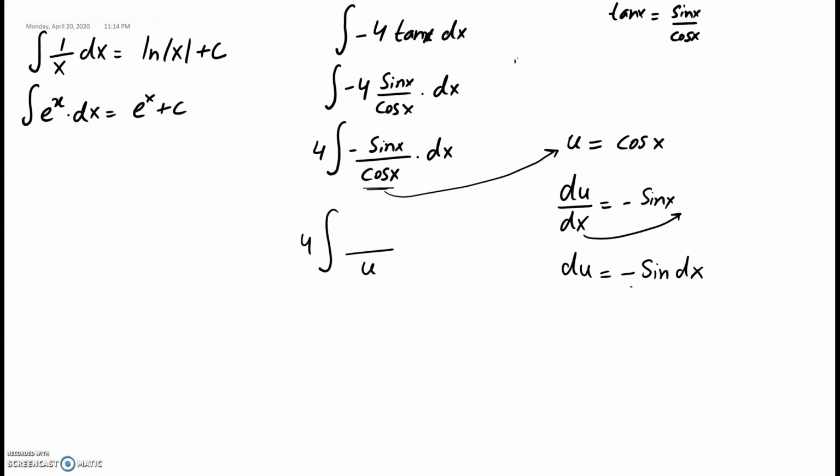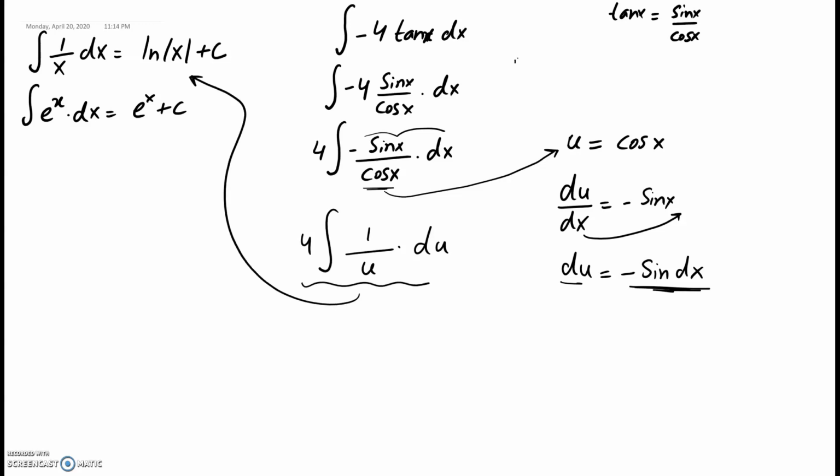So negative sin x dx, which is right here, will change into du, and it becomes 1 over u du. Now look, this expression is related to the rule that we had at the very beginning. So what will happen?